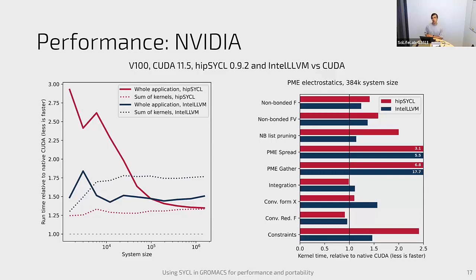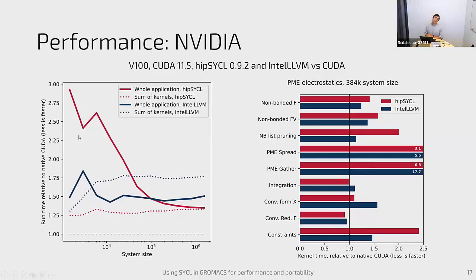And besides, we haven't really had any dedicated effort into optimizing our SYCL for NVIDIA GPUs, because for that we have CUDA. We are just very interested in having some portability. But even without any dedicated effort, simple, fast kernels usually perform equally well with SYCL, Intel LLVM, and native CUDA. More complex kernels here are slightly slower, but probably it can be fixed if enough effort is put into that.